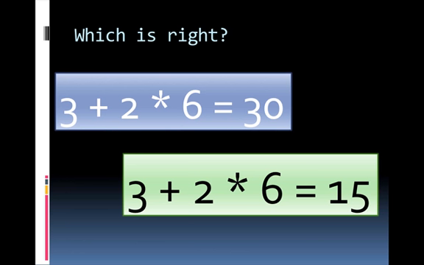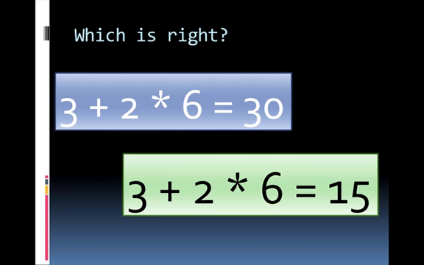The rules of operation, the order of operations in math, at least that I learned in school, was multiplication and division come first, from left to right, then addition and subtraction. In this case, that would make the second box correct.